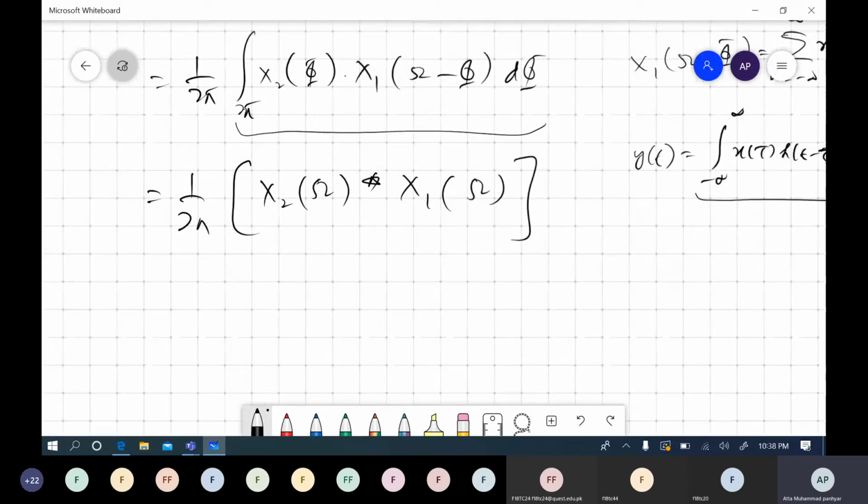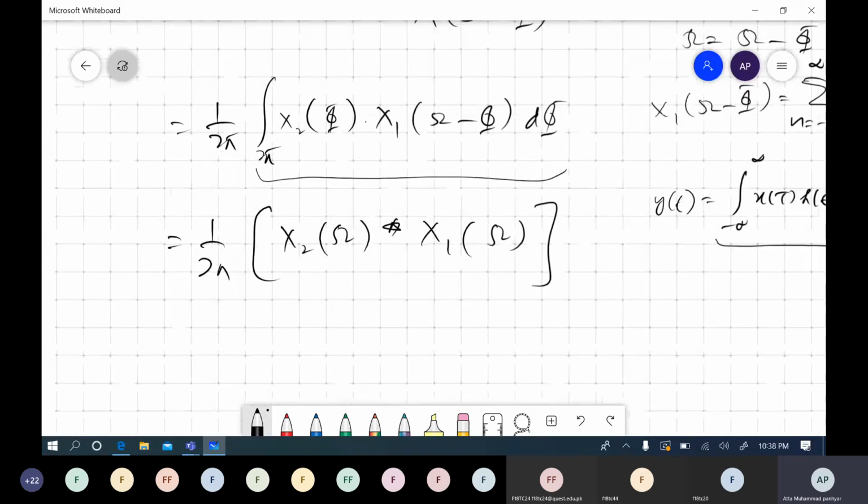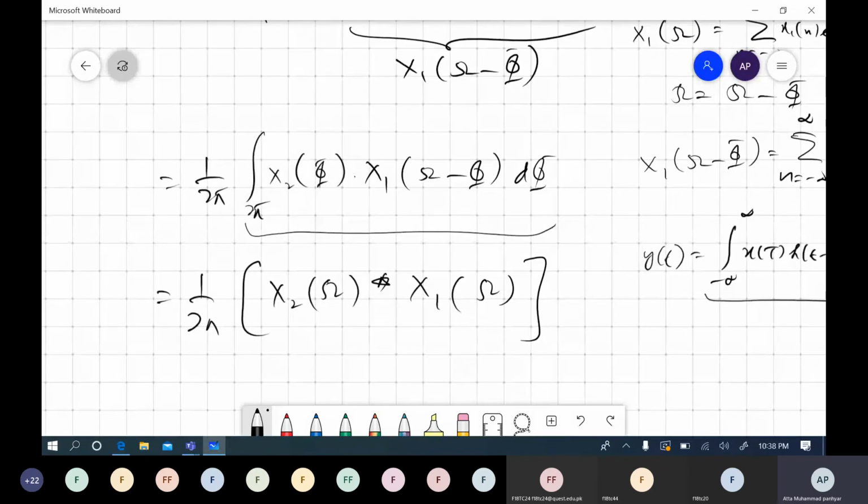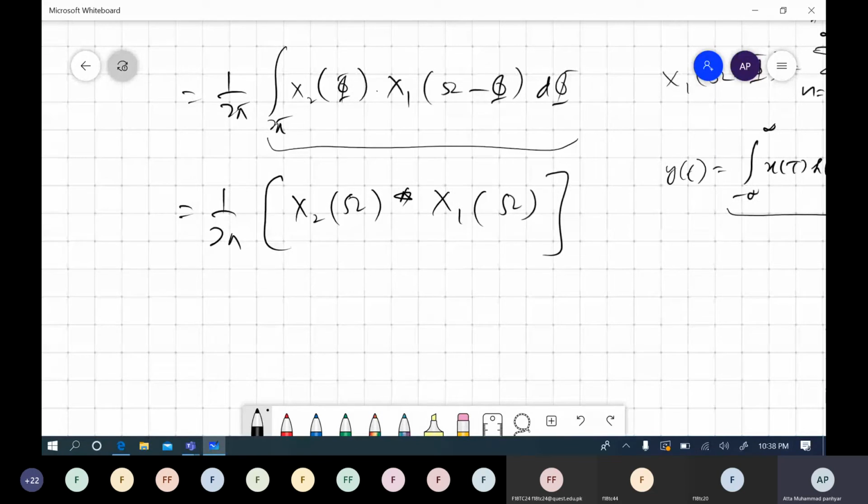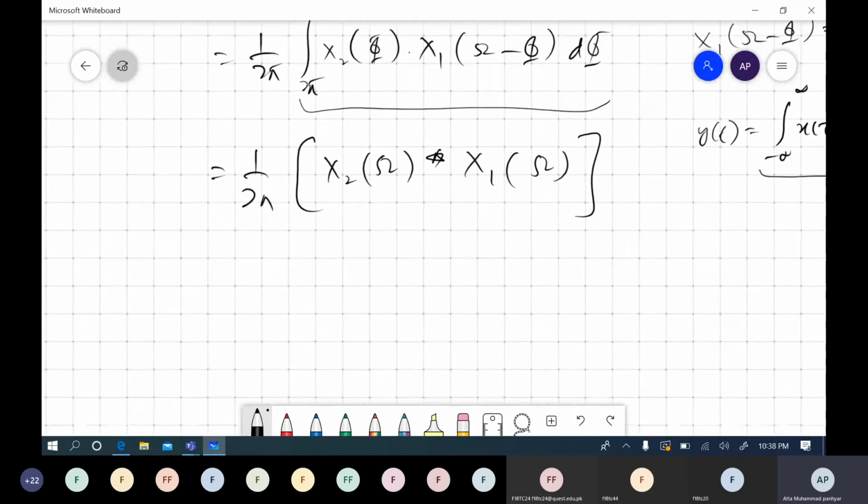So this is the multiplication property or modulation property. Like in continuous time signals, we saw some examples. We will also see some examples of this modulation property as well. We will see how this helps to solve complex problems which are very difficult to multiply in time domain, that can be easily done in frequency domain, right?